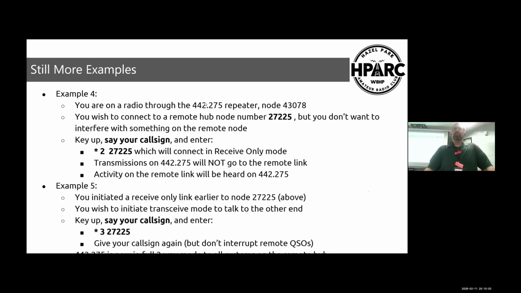And then anything that you say on the local repeater will not go out to the remote link, but anything that they say on their end will come over. So that way you can kind of listen in, make sure the repeater's not in use, or if it is, to know like, hey, don't key up until there's a gap in that transmission. Once you listen in and say, hey, I want to connect both ways, you can dial *3 and then the number again in both ways.